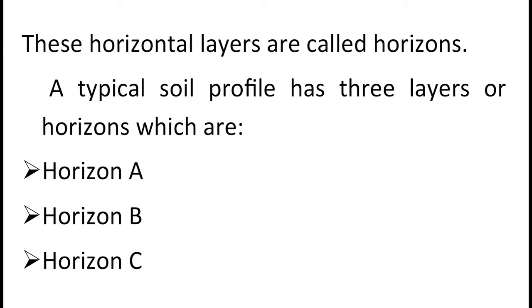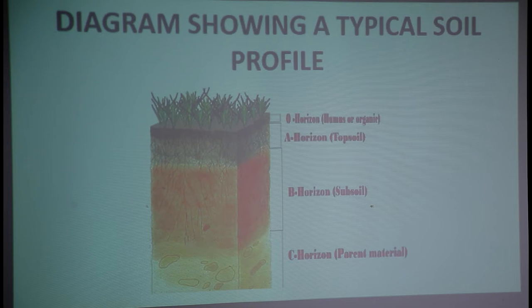A typical soil profile has 3 layers or horizons, which are horizon A, horizon B, and horizon C. The diagram on the board is showing these various layers.